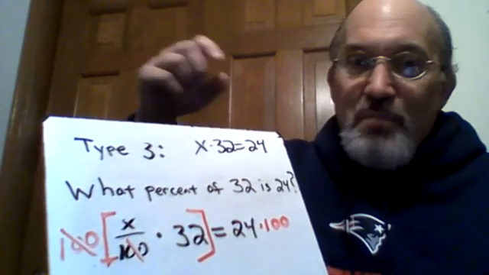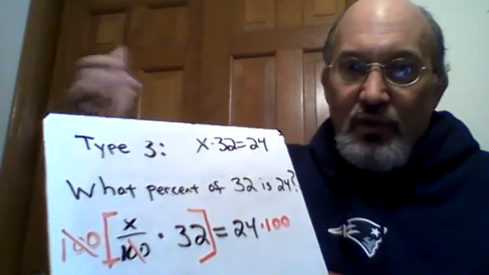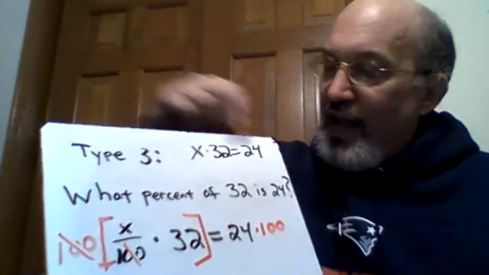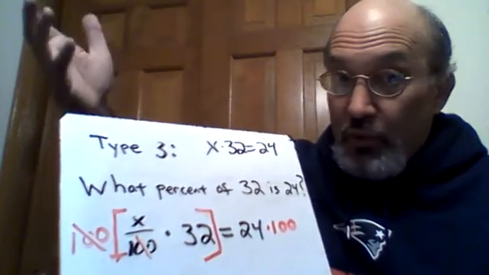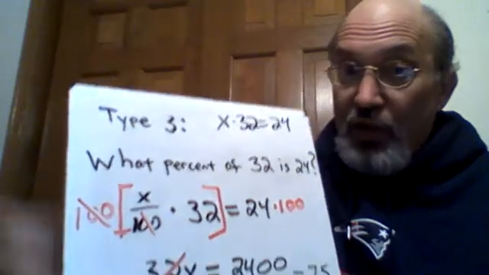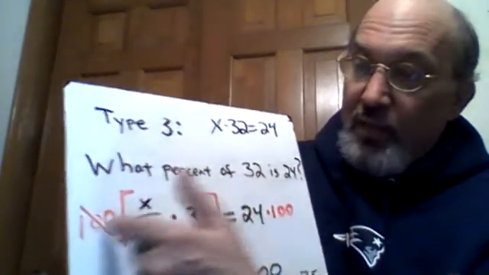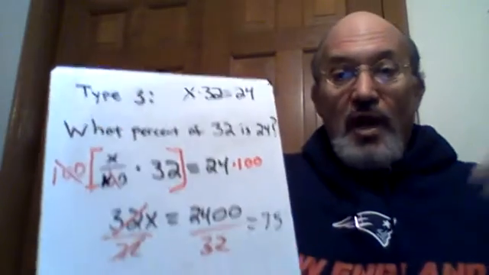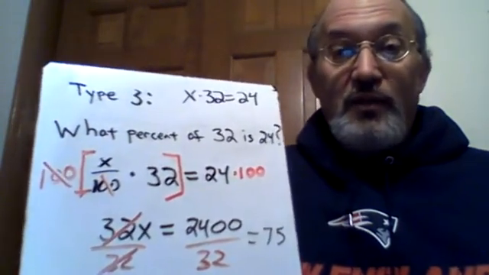Dividing each side here by 32, x would be 24 over 32, which is 3/4. If you would then multiply that answer by 100, you'd have the percent. 3/4 times 100. You could make the adjustment that way to get the percent, which is exactly what I did here when I multiplied both sides by 100. That was the adjustment so that the answer would come out to be a percent.